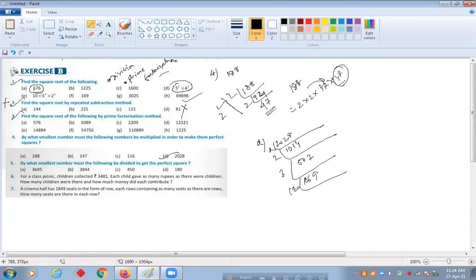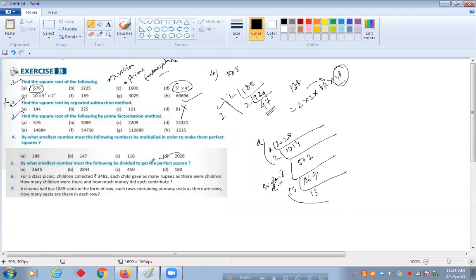Okay, then 13 and 13. So you are getting a pair, but 3 is single. That means we don't have any pair. To bring it in pair, we'll multiply this with 3. So the answer will be by which number? By 3, so that it will be a perfect square. Understood? Hope you have understood all.